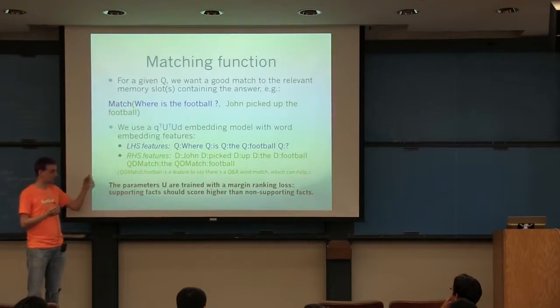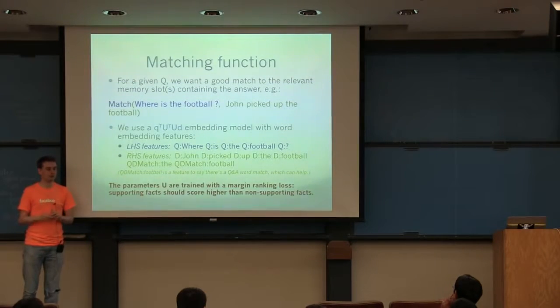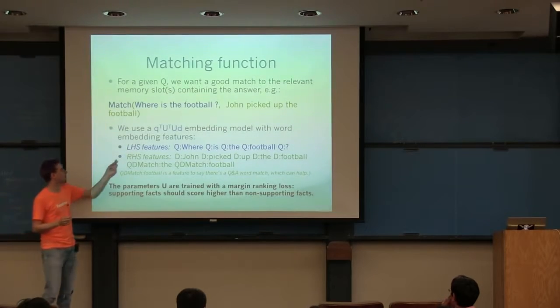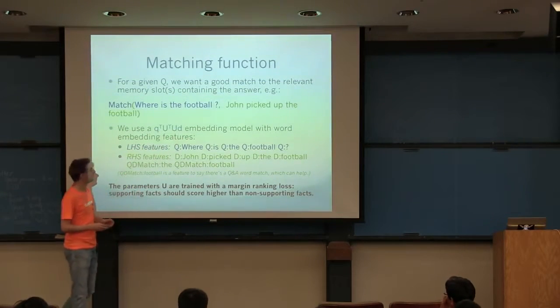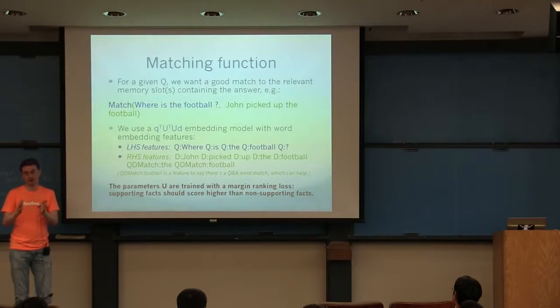So that means we're going to have the whole dictionary of words, times 3. Let's say the dictionary is 1,000 words. We're going to have a 3,000 dimensional vector Q and a 3,000 dimensional vector D. And then U is going to be 3,000 by, say, 50.